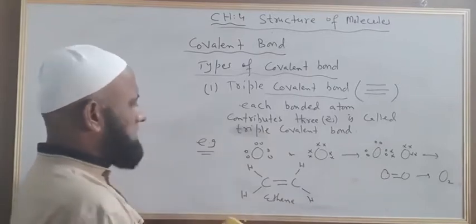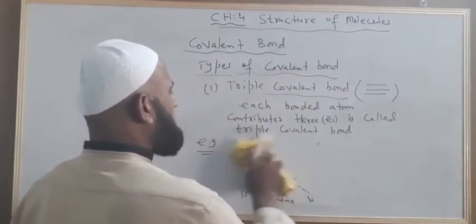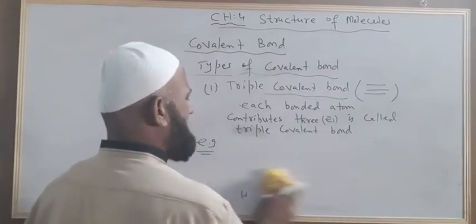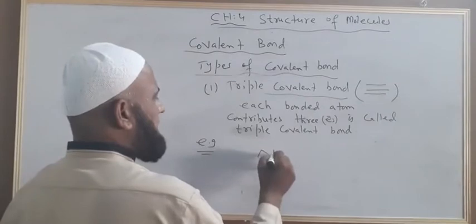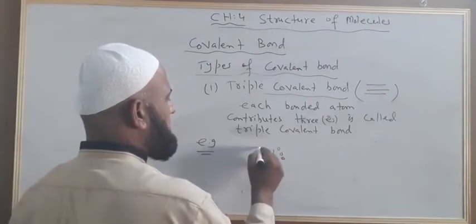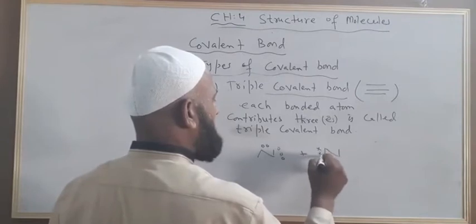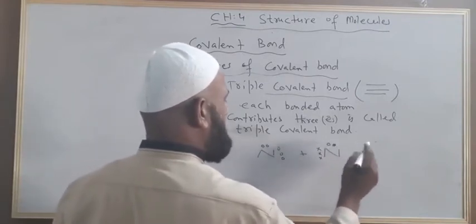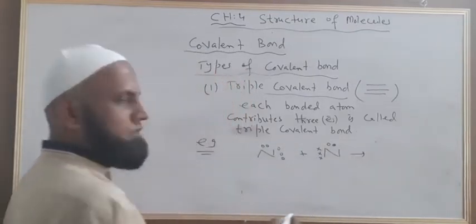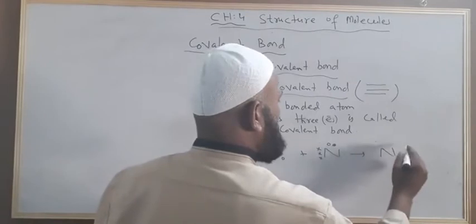Let's have an example of the formation of triple covalent bond. A common example is the formation of the nitrogen molecule. In the nitrogen molecule, since there are 5 electrons, it can be written in this way. In the next lecture I would explain this.